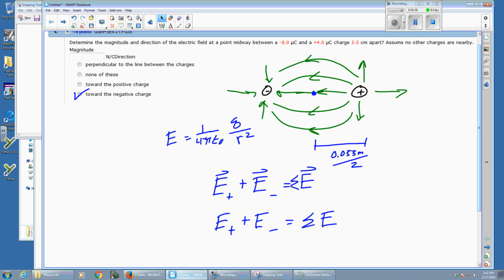So 8.988 E to the 9th, store, and we'll make that K. This is stored in K.